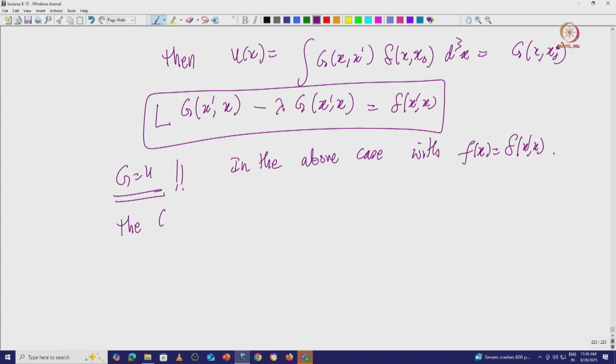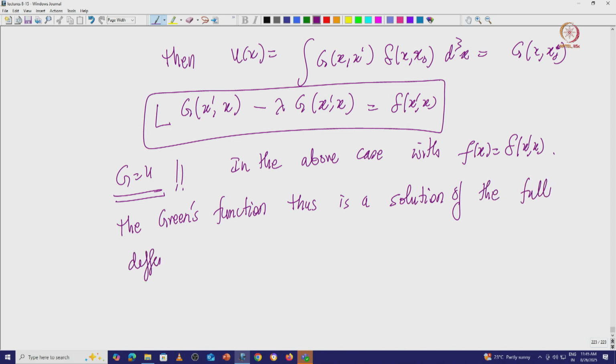The Green's function thus is the solution of the full differential equation with the delta function source.